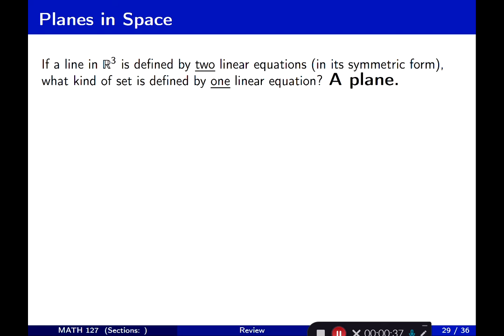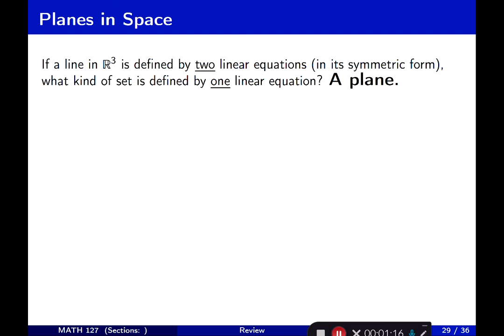When you see two sets of linear equations, either written as x minus a value divided by a value equal to y minus a value divided by a value, and z minus a value divided by a value, or as one of the variables equal to a constant and an equation of the other two, or two of the variables equal to constants, those are the symmetric forms of lines in 3D space.